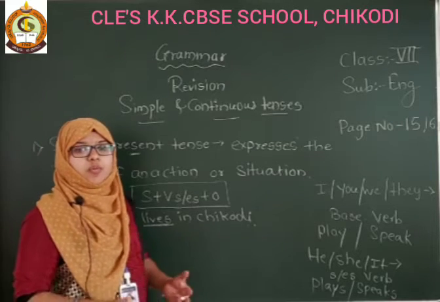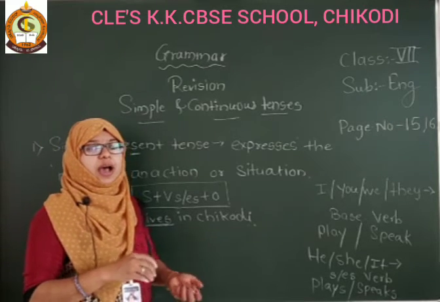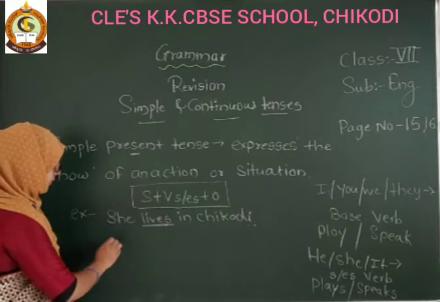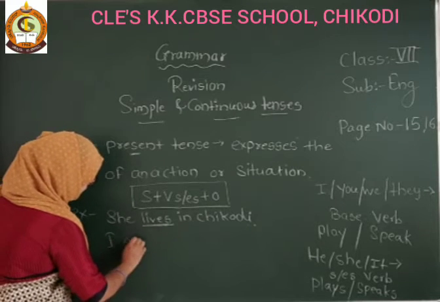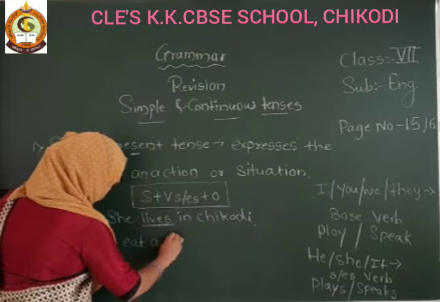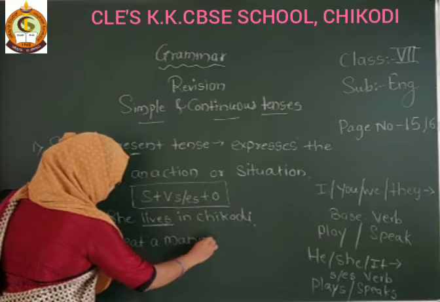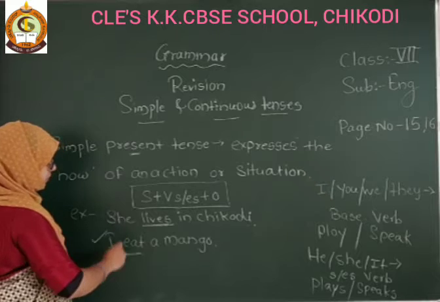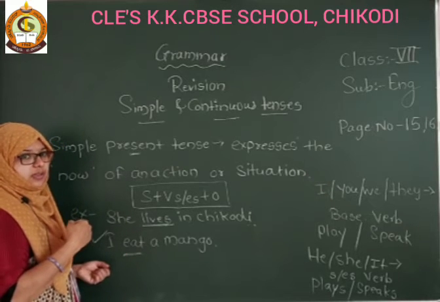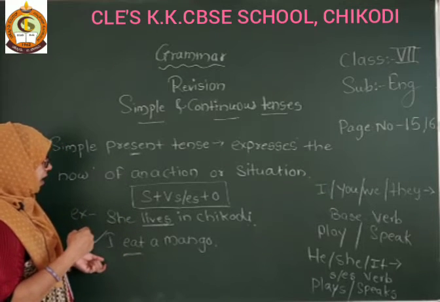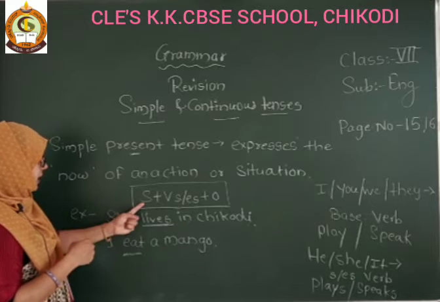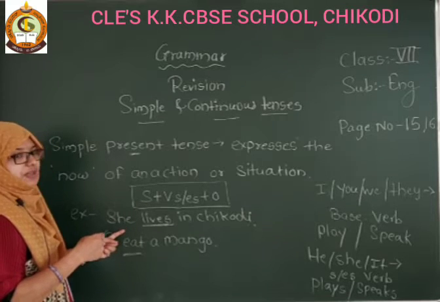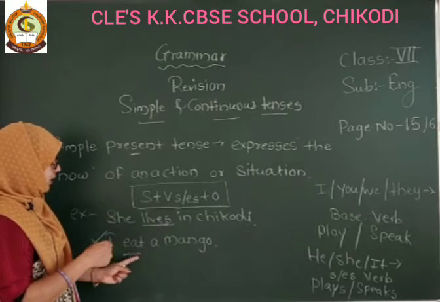Got it? One more example I will tell you: I eat a mango. Here we did not add anything. Why? Because the subject is I, first person. In the earlier example the subject is third person, she, so we added s. Here it is not necessary.